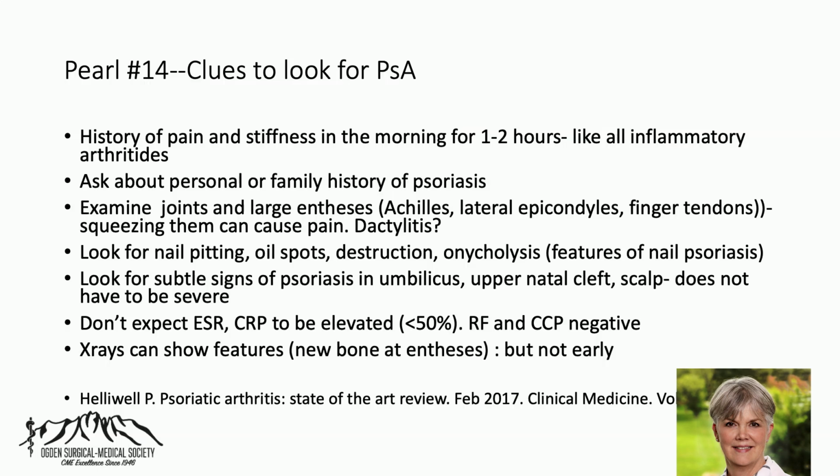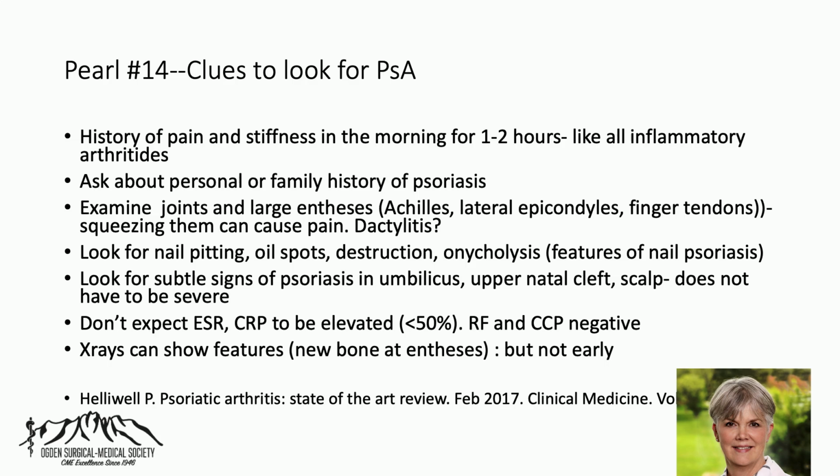So here are your clues. Obviously, like all inflammatory arthritides, you ask people, does it take you 1 to 2 hours to be able to walk or move? Does it really hurt in the morning for a couple of hours? Because that indicates inflammatory arthritis. Ask about their personal and family history of psoriasis. Examine not just their joints, but their large entheses, their Achilles tendon, their elbow, squeeze their fingers.